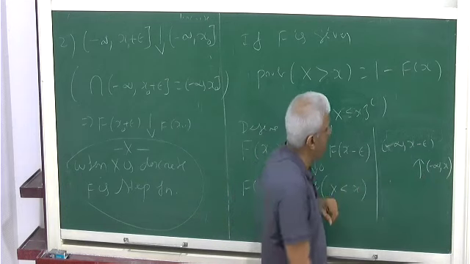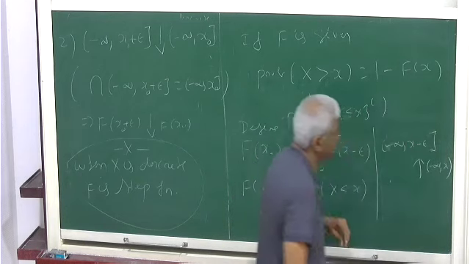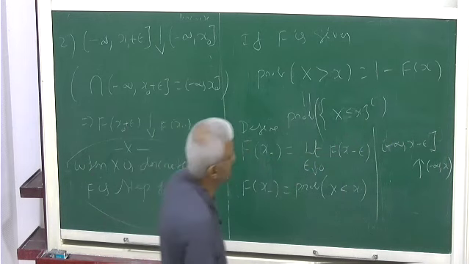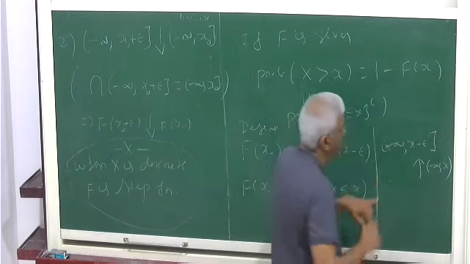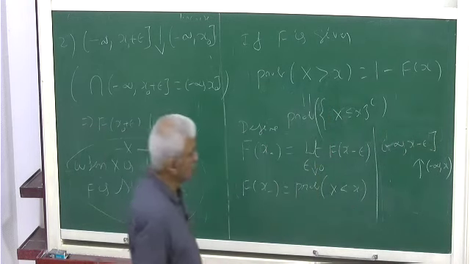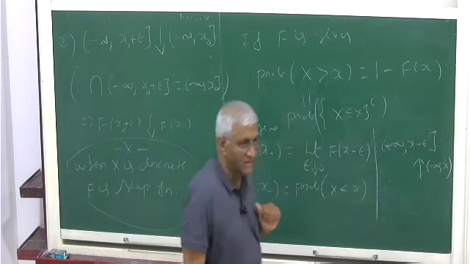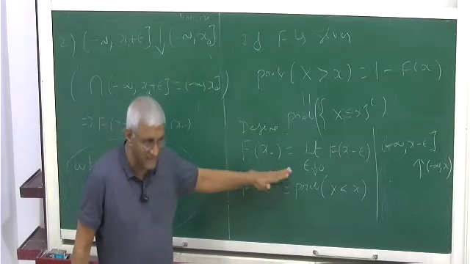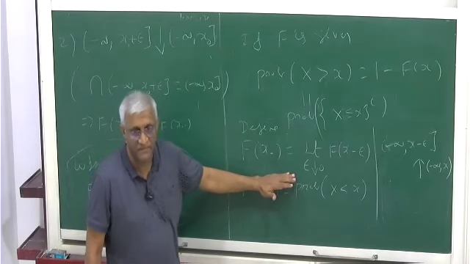So this closed interval, minus infinity to x minus epsilon, will increase to that. So the probability of this will increase to the probability of this. Because of that, this limit will exist.